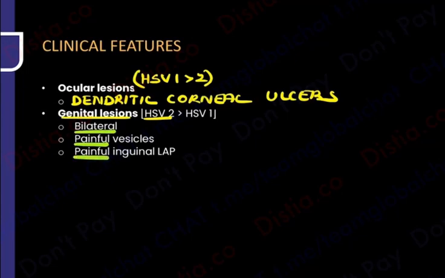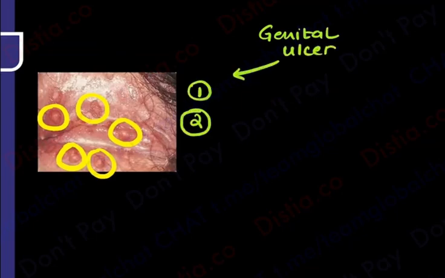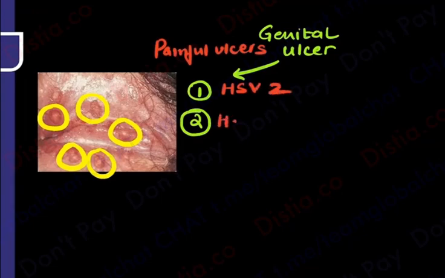By now, you have finished bacteriology. You know what are all the genital ulcers which are going to be painful. Can you quickly give me a history, a quick 1, 2? There are just 2 genital ulcers which are going to come with a lot of pain. Painful ulcers. The first one is in front of you, that is herpes simplex virus 2. And what was the other one? From bacteriology, Haemophilus ducreyi.